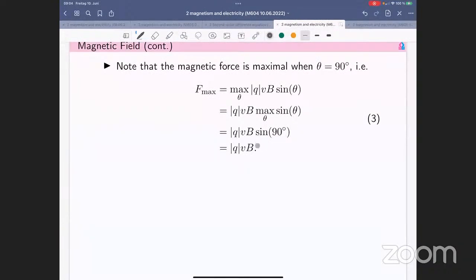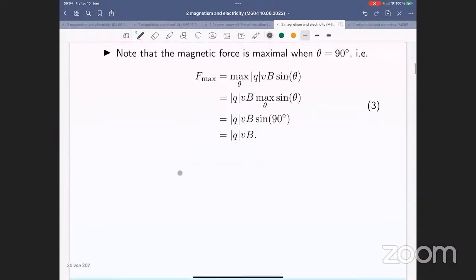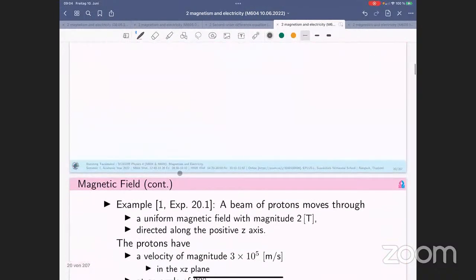So we don't have to write number one. Finally, there will be only three terms here: the product of Q, V, and B. Okay, so that's the maximum force we can get from the induced magnetic force.